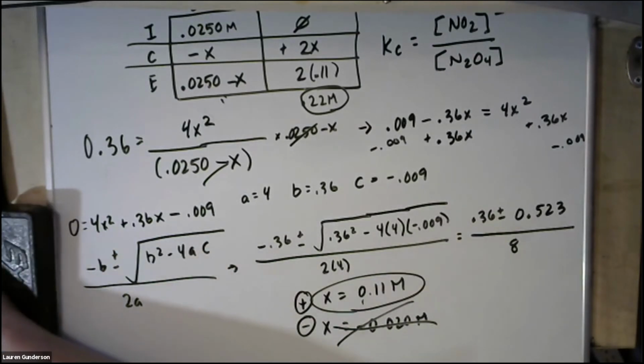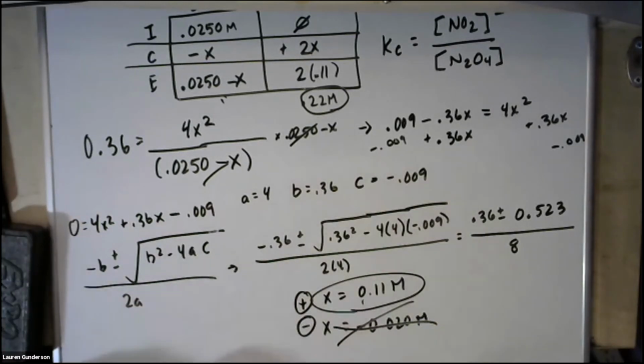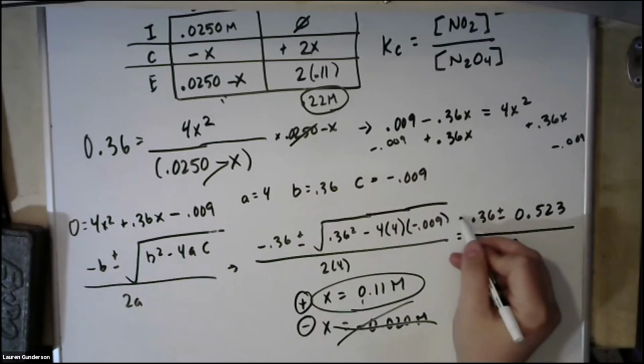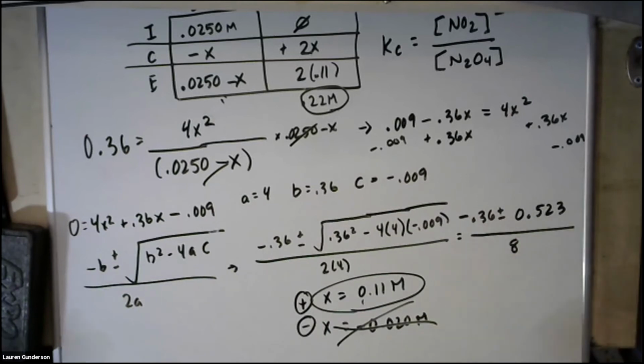Wait, let me pause it and see if I can find the mistake real quick. I think I see it. I think I just forgot this negative sign. Okay, so we're going to recalculate these.